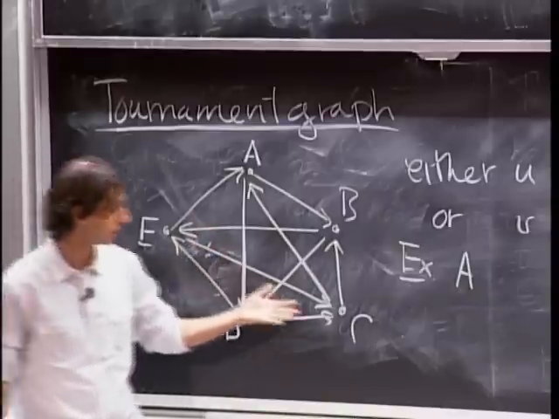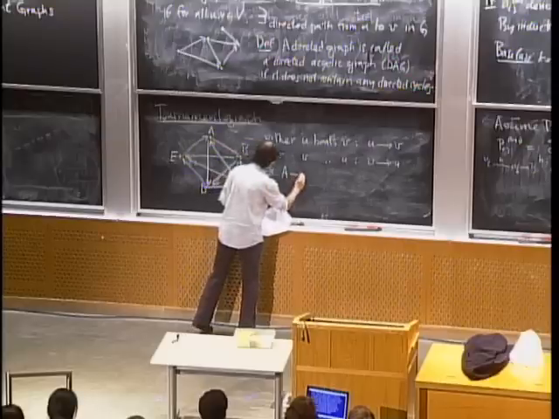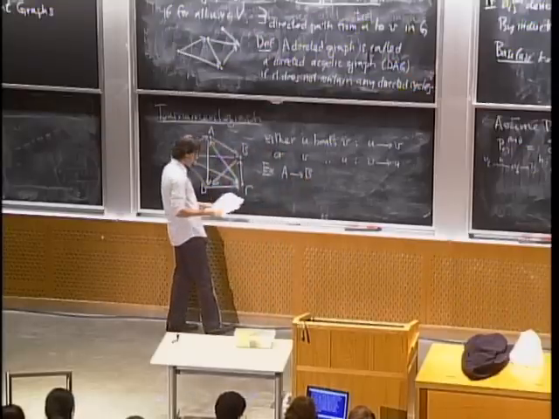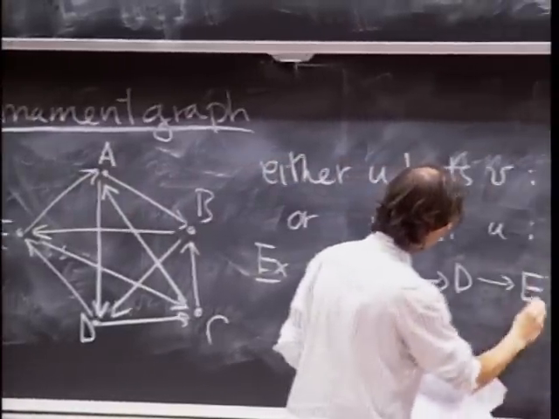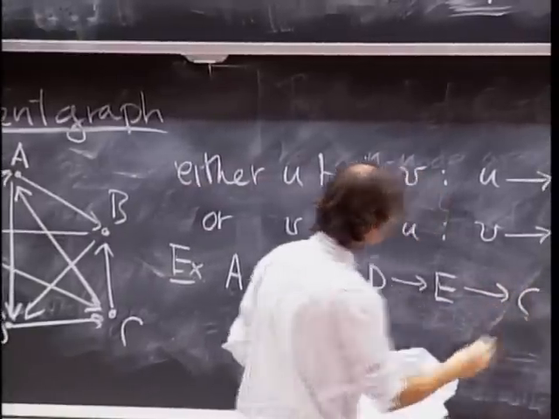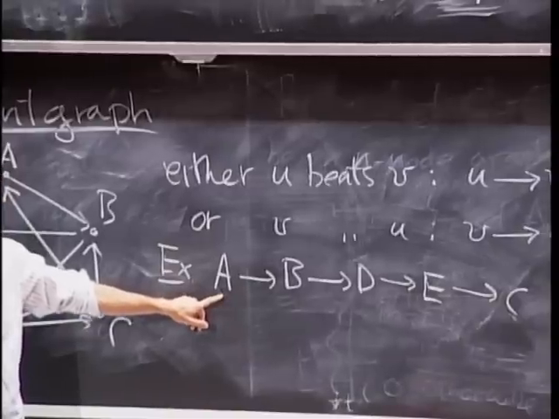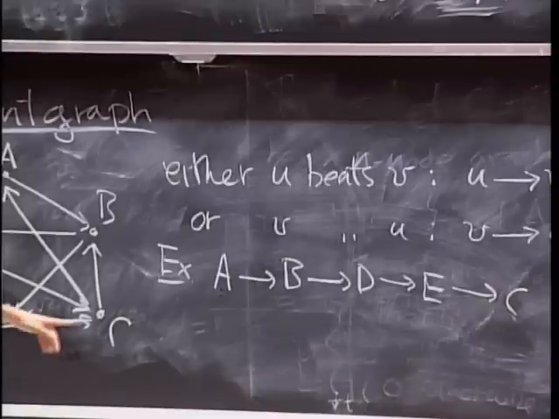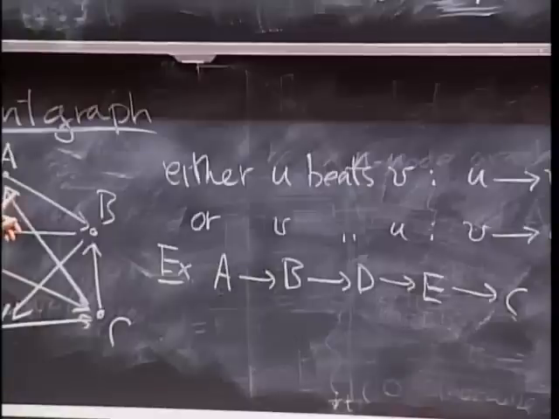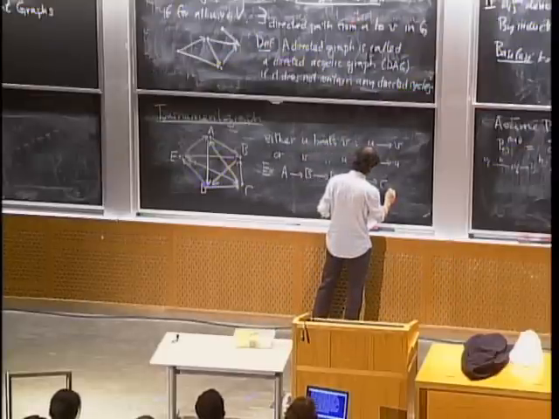Like the one at the top, A, is able to, for example, beat B. And B is able to beat D. And this one, E. And this one, C. So you would say, okay, that's great, now I know that this one is the strongest player. But there's a little problem here, right? Because I can produce many such paths. And actually, if I look at C, then C beats A as well. So that's kind of weird. So wait a minute.